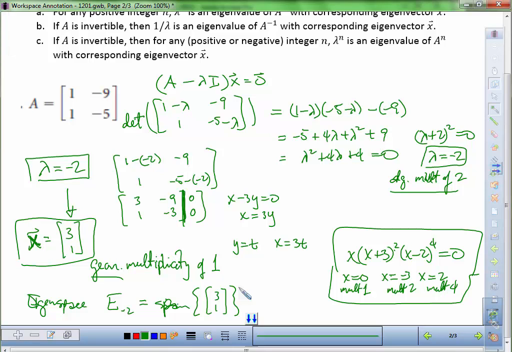So if you have a 2-by-2 matrix and you want a geometric multiplicity of 2, you have an algebraic multiplicity of 2. Is the only way to get it to have A minus lambda be like some multiple of the identity or something? How would you get a two-dimensional space out of that?